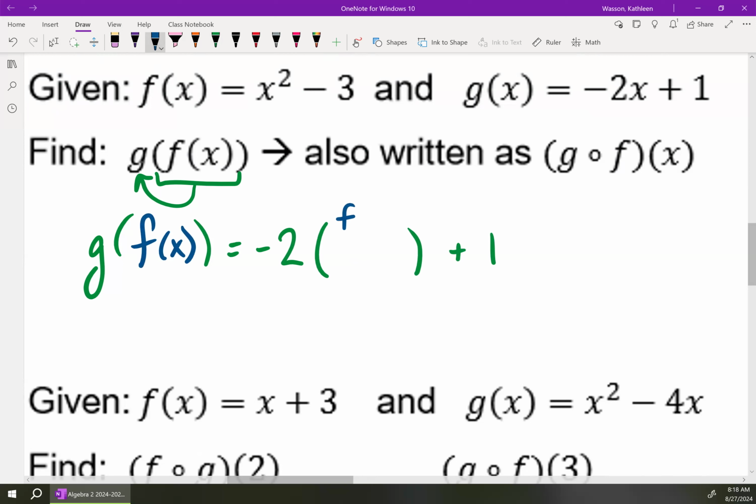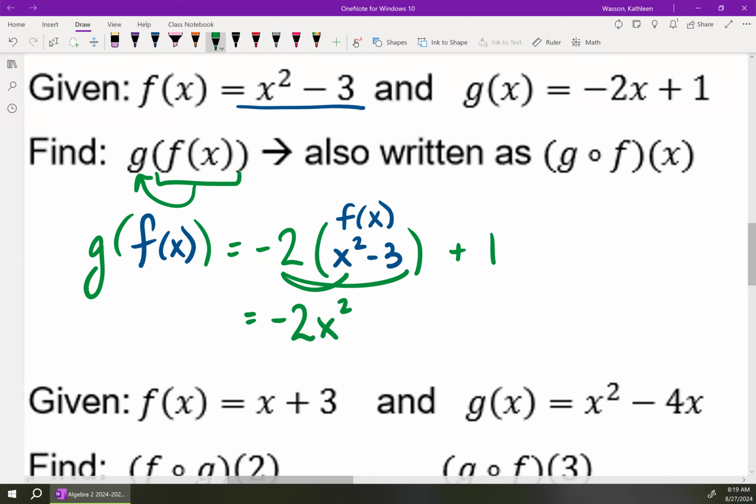So I put f of x on both sides, and I know what f of x is equal to. F of x is x squared minus 3. So that's what I substitute into the g function. I need to distribute. Negative 2 times x squared is negative 2x squared.